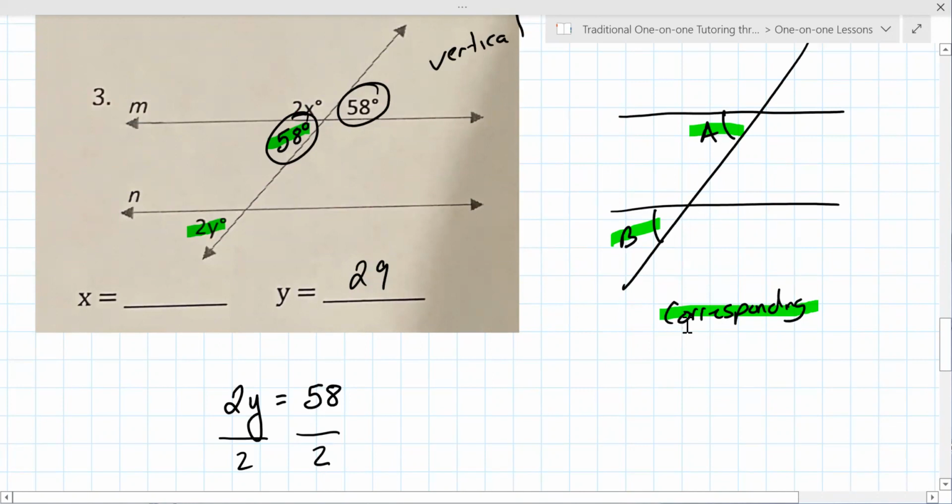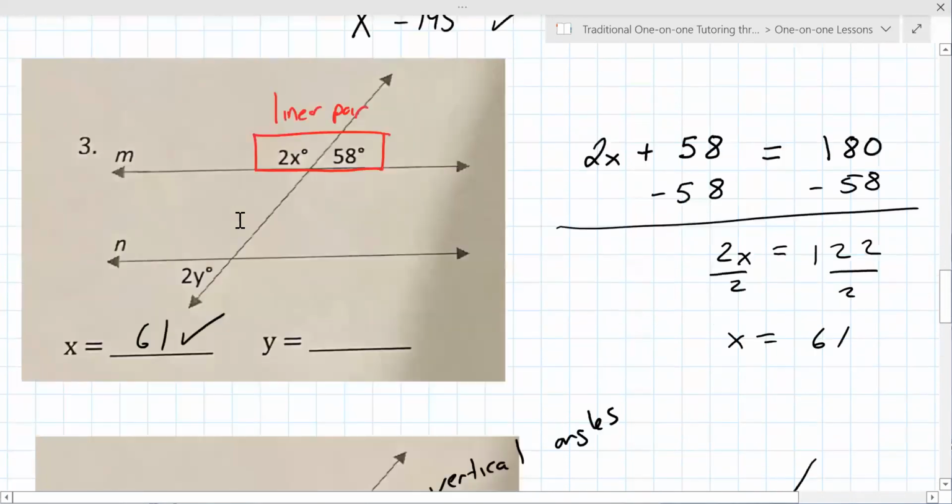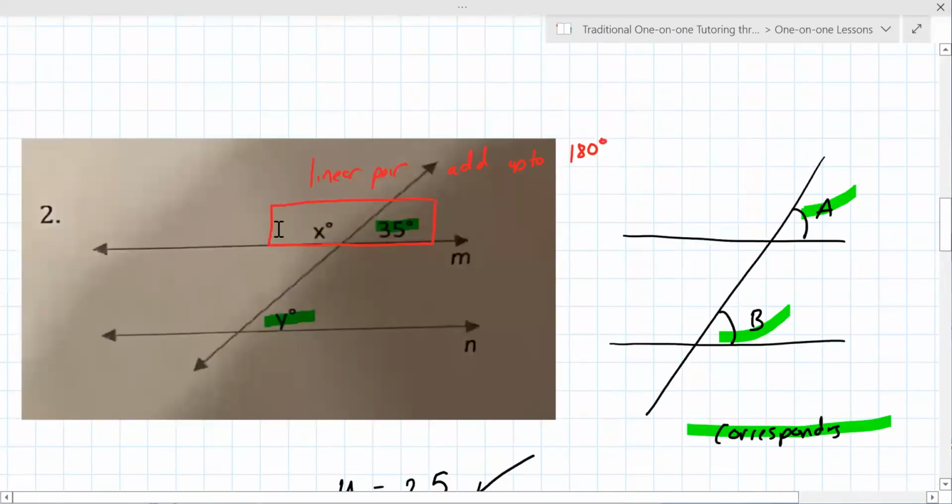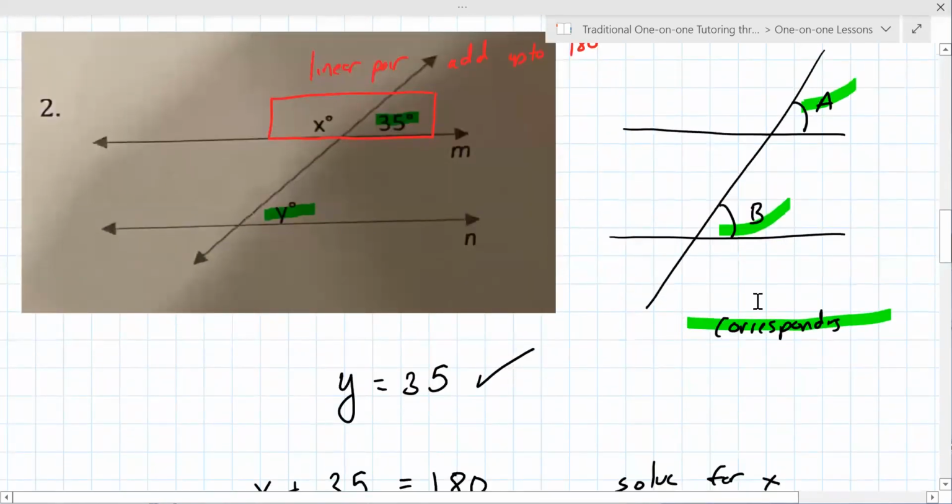Okay, but what do you know about the angles? How do we solve them? Let's go back and look at a previous problem. Linear pair. Right, but what about the corresponding angles? What does that tell you if they're corresponding?